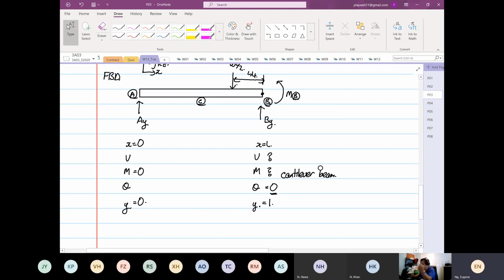Do it physically if you can. If you're going to memorize this, good luck, man. After next week, the whole month of August, you will forget everything. There's nothing to remember. You just need to observe physically. So that is why when it's a cantilever beam, theta is equal to 0.